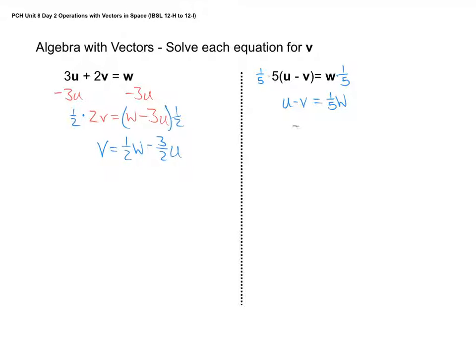I'd subtract the u from both sides. So now I have negative v equals 1/5 w minus u. And now I can multiply both sides by negative 1. So v would simply be negative 1/5 w plus u.